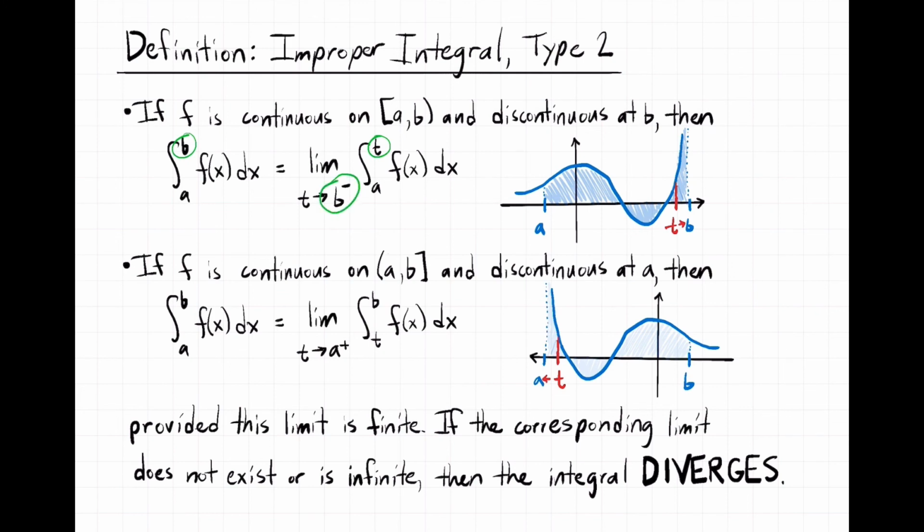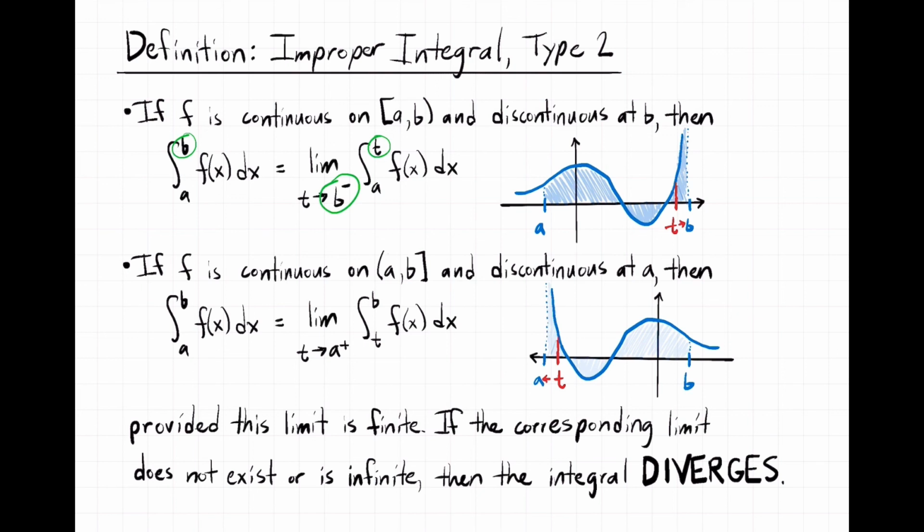In other words, we're going to just push that t, that arbitrary upper bound, closer and closer and closer to the real upper bound that you want, which is b.